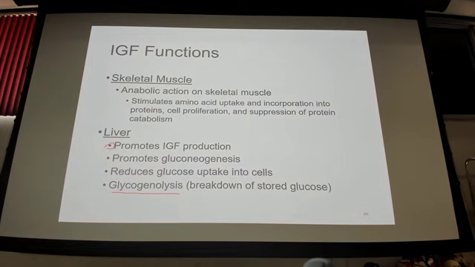Breakdown. Okay? And then you take the word gluconeogenesis, unpack that: glucose, neo, new, genesis, making new glucose, right? That's why glycogenolysis and gluconeogenesis go hand in hand. Does that make sense? Everybody? Okay.